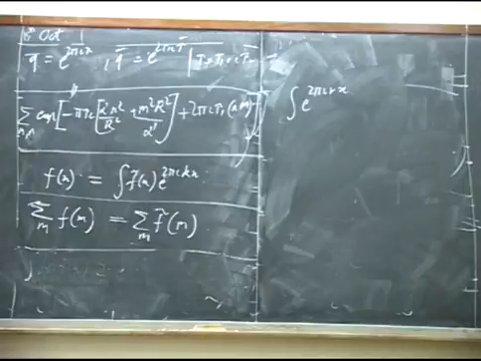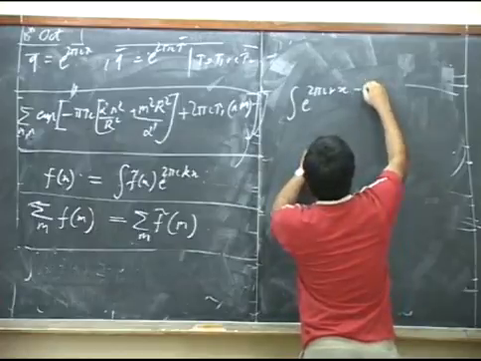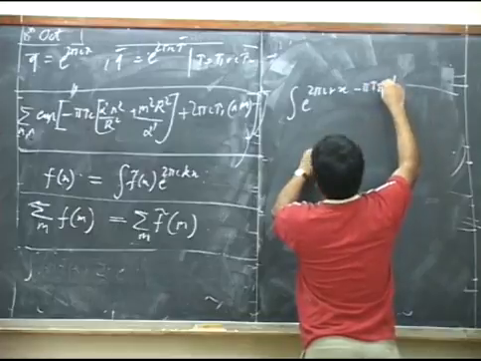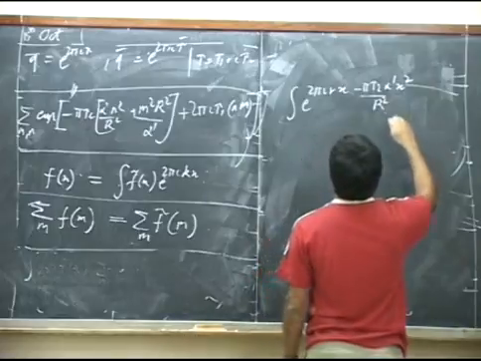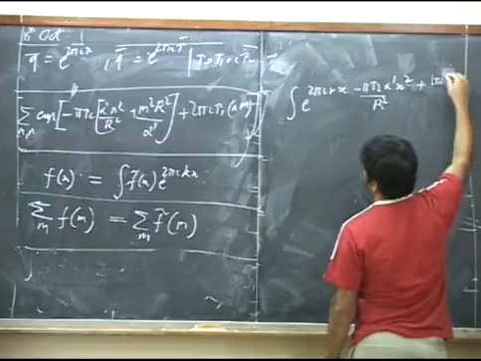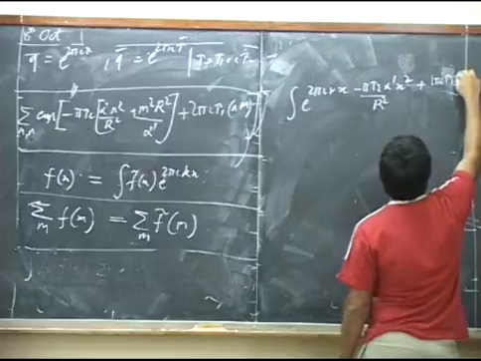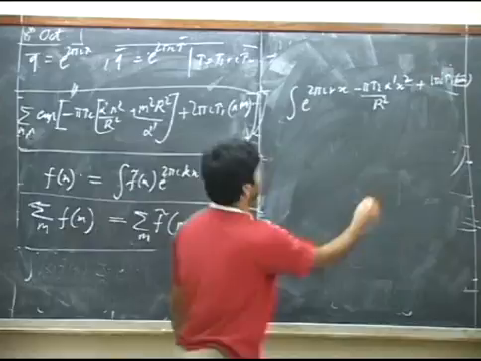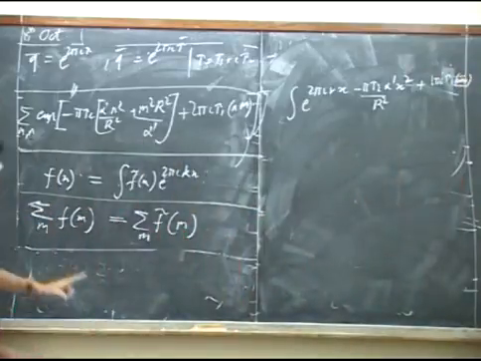Yeah, we want e to the power 2 pi i r x, then minus pi tau 2 alpha prime by r squared x squared, plus 2 pi i tau 1 into x m. Sorry, x m.